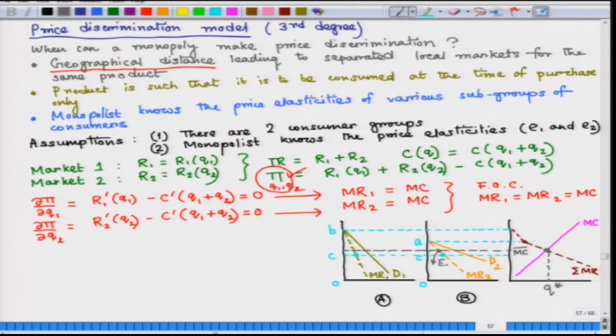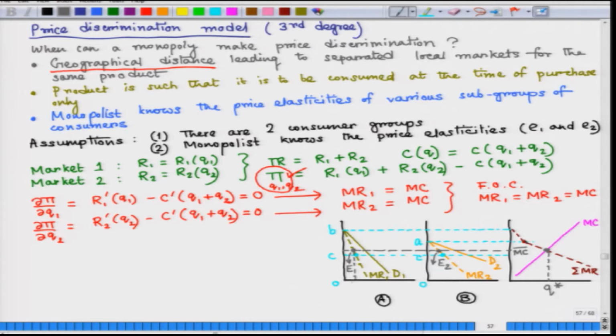So, that is the equilibrium found in market 2, and this MC cuts the marginal revenue 1 curve at point E1, right. So, at these intersection points, now the equilibrium of the monopolist in market 1 and market 2 is to be obtained.